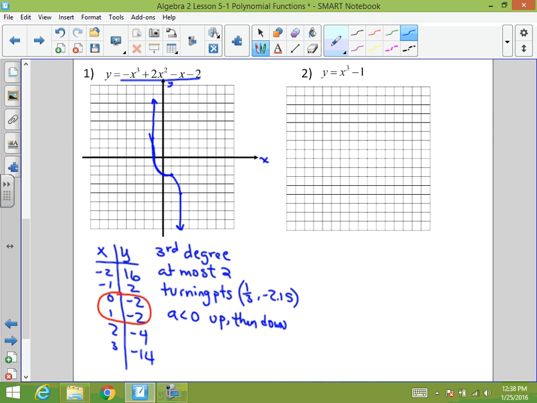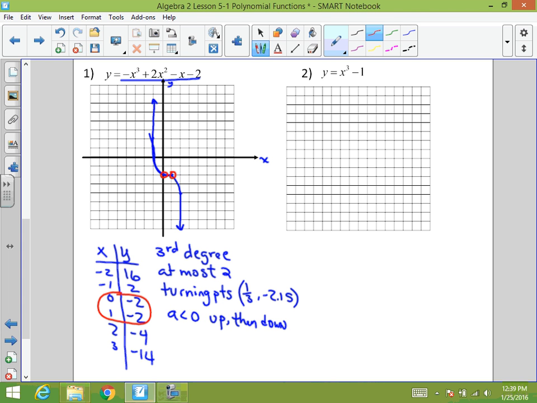The other turning point, if I have to find that one, because here's the one turning point, it looks like it's somewhere around here, and the other turning point looks like it's somewhere around there. So I need to figure out what those 2 points are. So now I'm going to hit my menu again and analyze graph a second time, and I'm going to hit maximum because it seems like it's going to be going down from there.